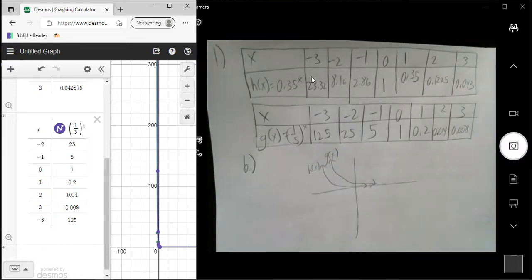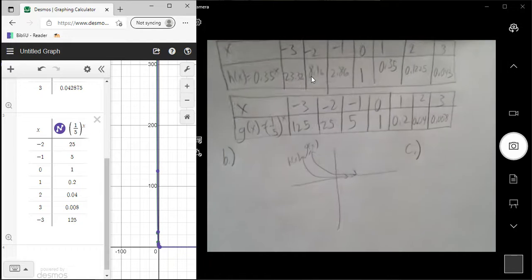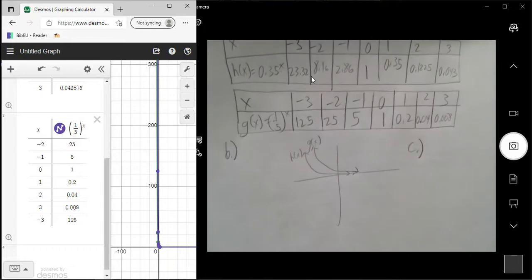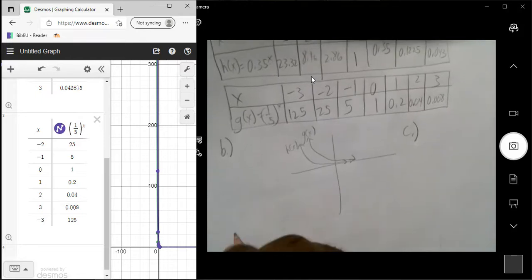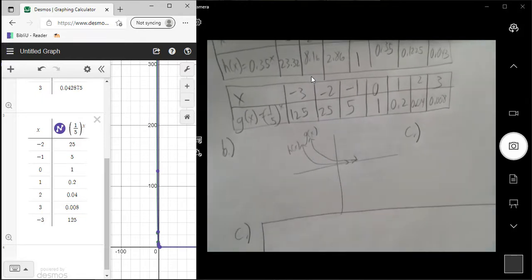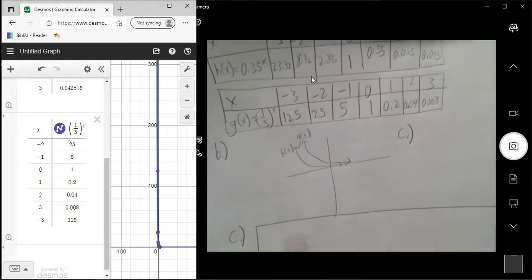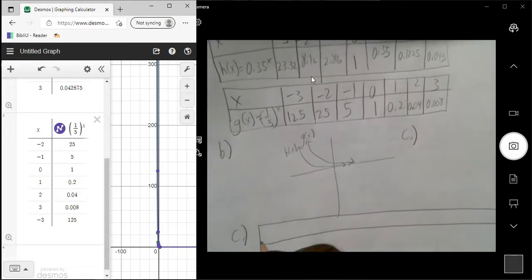All right, now we look here at C. It says use the tables and graphs in parts A and B to complete the following table. All right. I should have known it was another table. So we have the function.